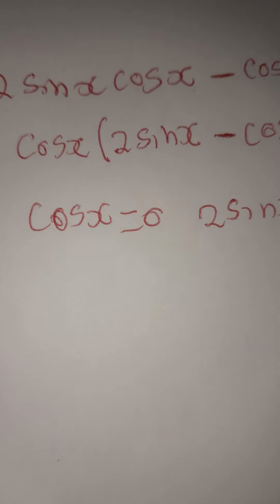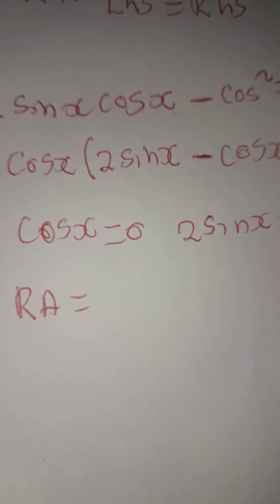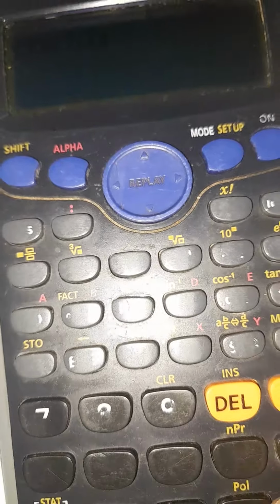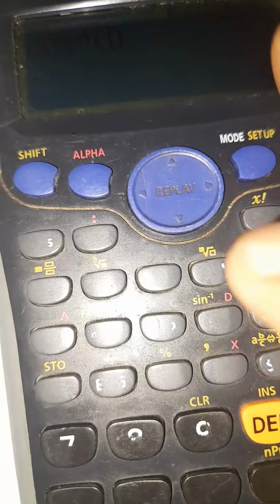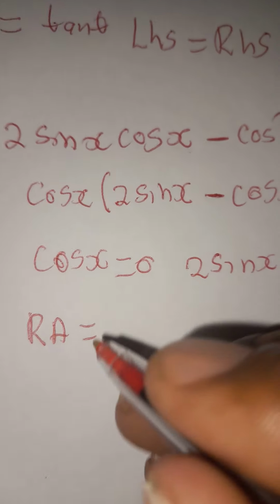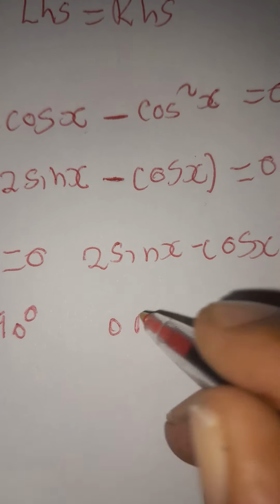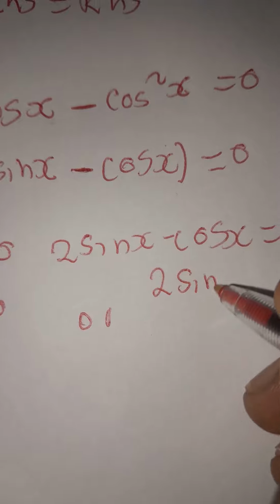Right, so now it's time that we find the reference angle, RA. What is the reference angle of cos x equal to 0? That will be 90 degrees. Let's rewrite this into standard form.